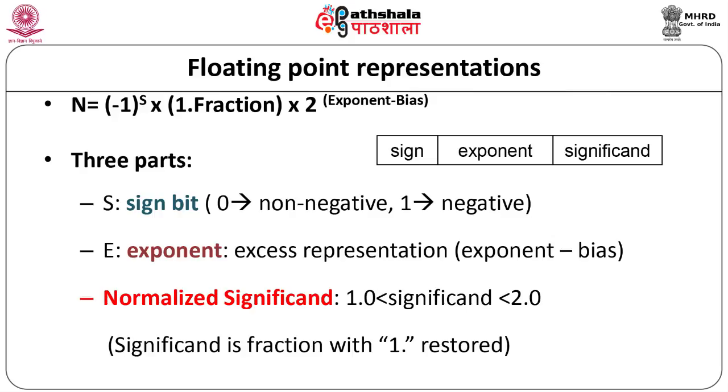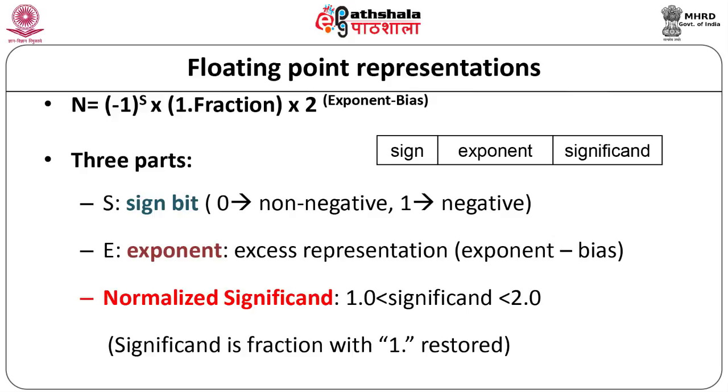Normalized significand: it is always given as 1.0 less than or equal to significand less than 2.0. We normalize the floating point number so that the decimal point is implied to be before the first one bit, and in shifting the decimal point, the significand is the fraction with 1 point stored.